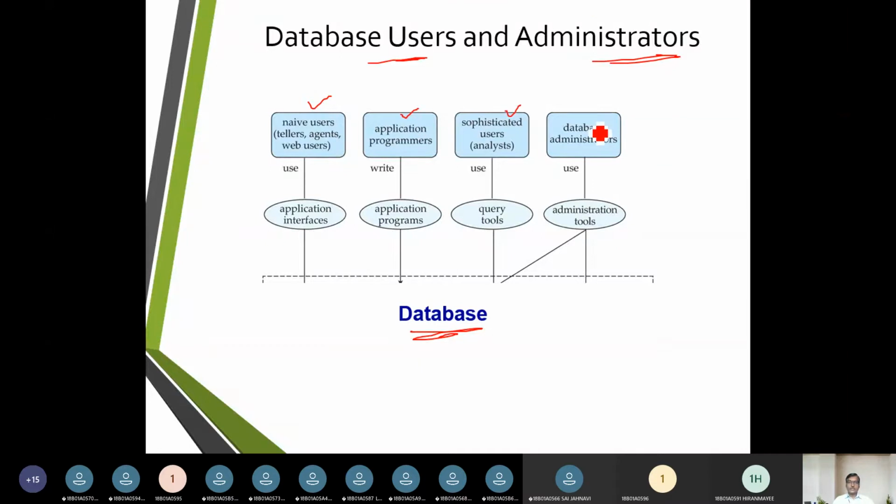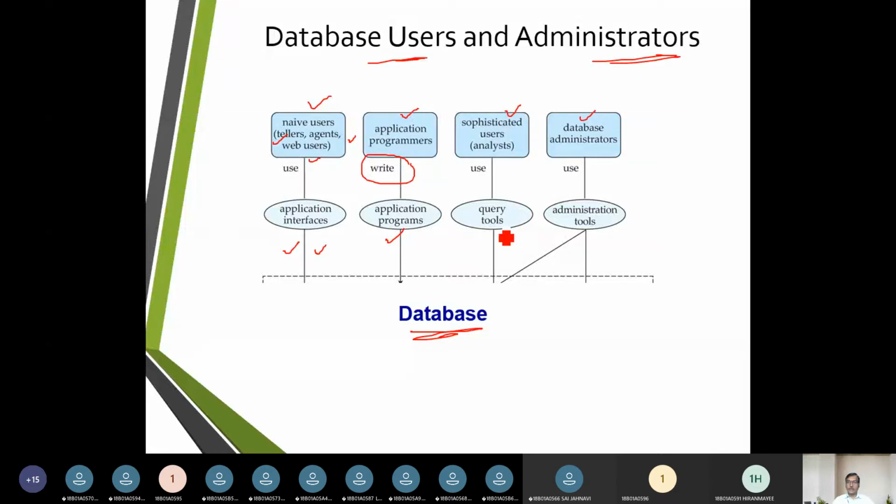Novice users use the database through tellers, ATMs, etc., as part of application interfaces. Application programmers build programs, so they use write operations here. Thereby we have people running SQL queries, and they use SQL tools, that is, query tools here.